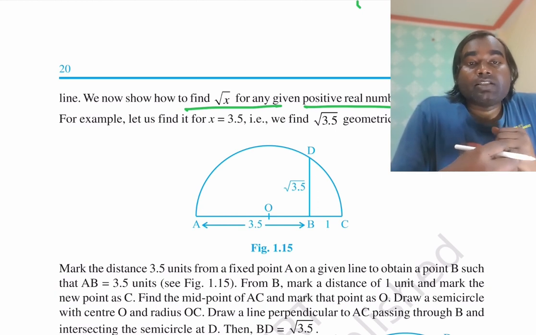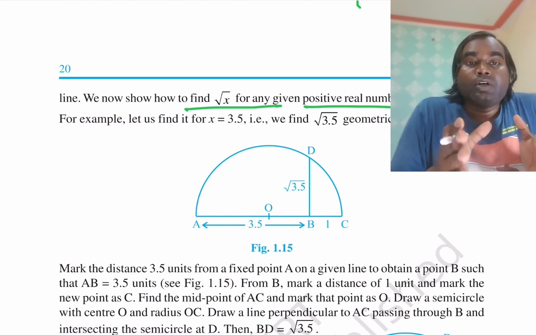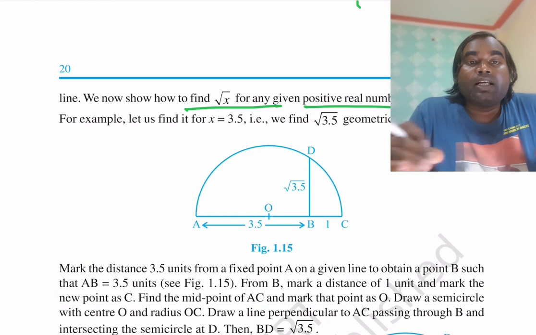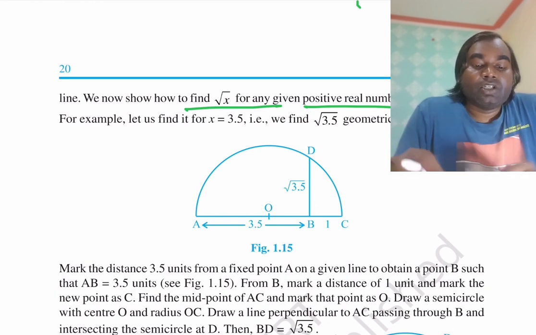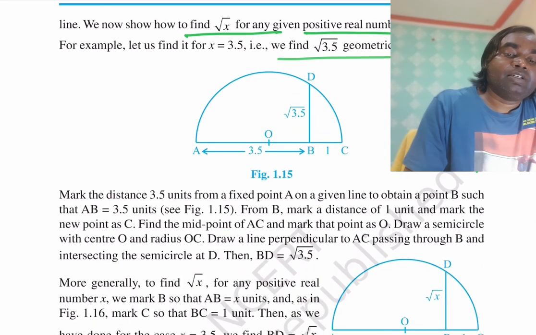Now if you are asked how to represent the square root of a real number, or even a rational or irrational number on the number line, then how can you represent it? Let us learn this.